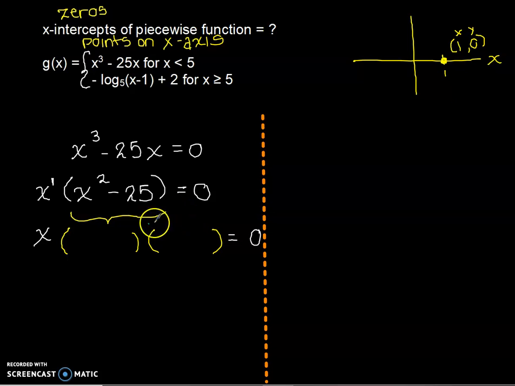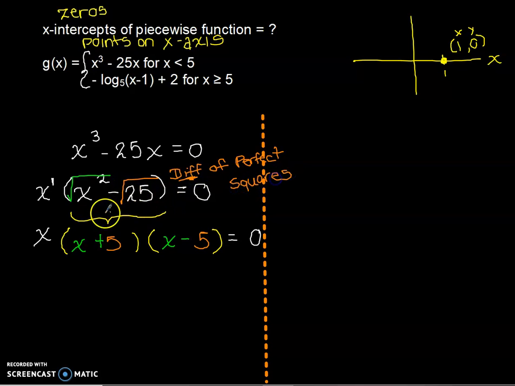One parentheses always says plus, one says minus, and you take the square root of each perfect square. The square root of x squared is x. And the square root of 25 is 5. No need to worry about the minus sign in front of the 25 because remember, this is called a difference of perfect squares. So that's already taken into account in the shortcut. The difference is already there, the minus sign.